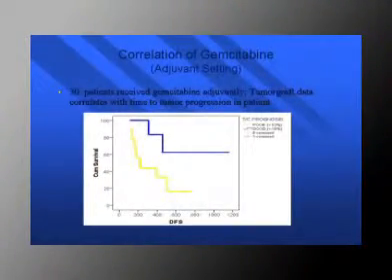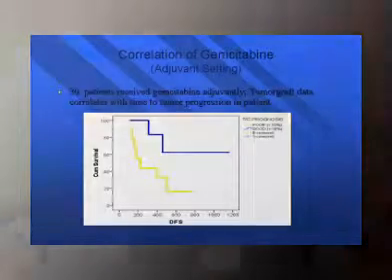Then you can take it one step further and say, okay, does response actually correlate with time to progression or survival? So this is actually looking now at the tumor graft data. Again, looking at the same 30 patients that received gemcitabine in the adjuvant setting. And what's very interesting is you can see those that do well, which means that their tumor grafts show a response, had a survival that was nearly 2 times different in terms of the median number of days than those that did not have a response or did poorly in the tumor graft testing.